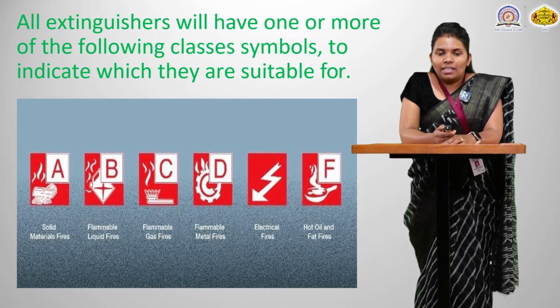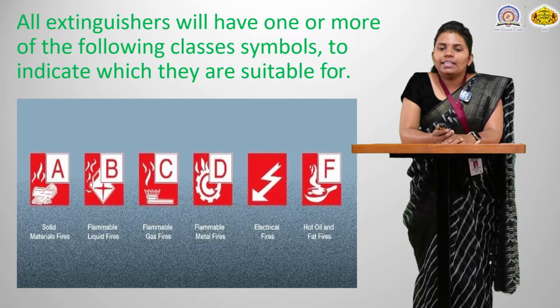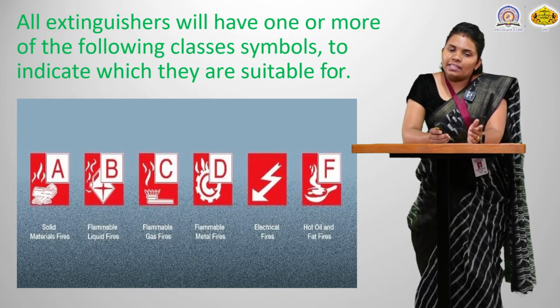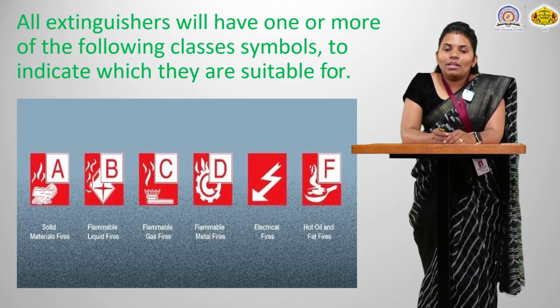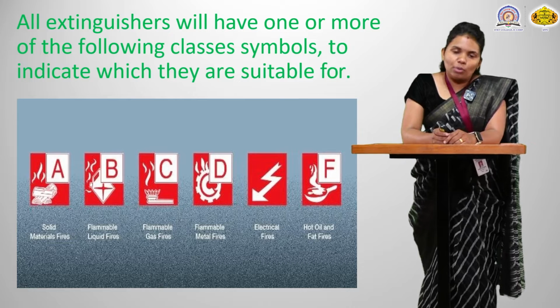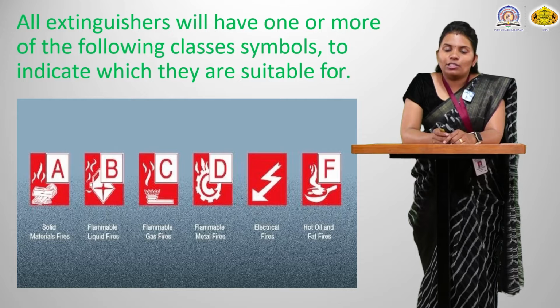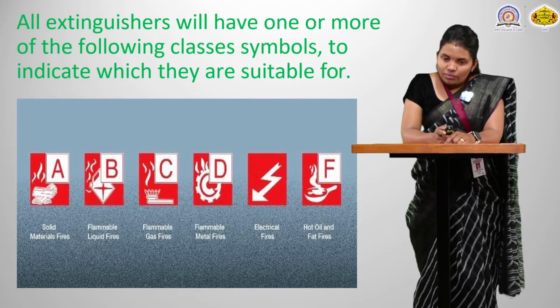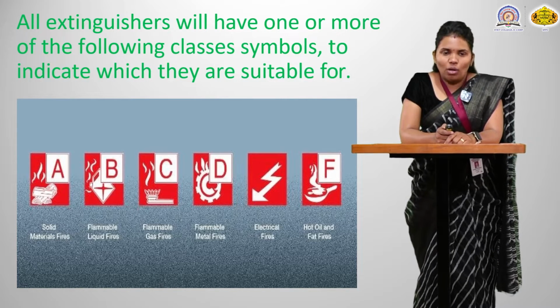You can see here A, B, C, D, E and F. A is for solid material, dust particles, wood. B is for flammable liquids and flammable gases, such as butane and propane. D is for metal fires, such as sodium and lithium. The electrical fire is shown with this symbol, and hot oil and fat fires are shown by this symbol.